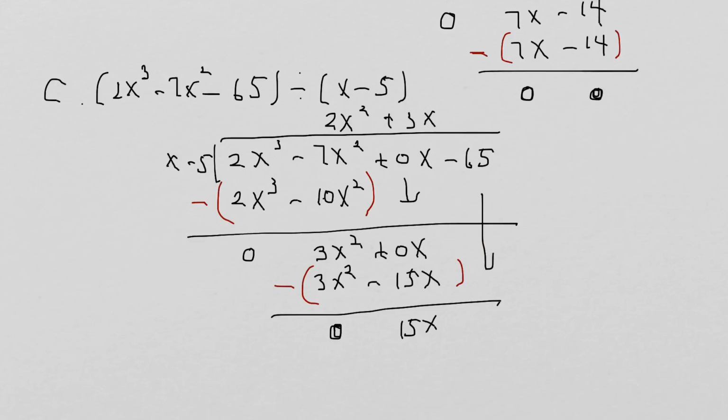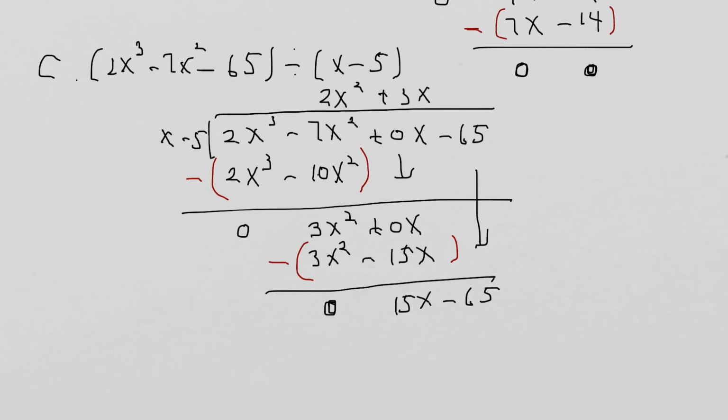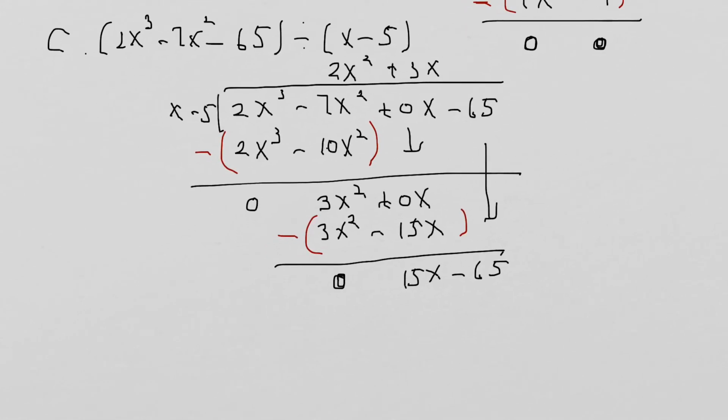Bring down the next digit, minus 65. And x to become 15x, you need to multiply by positive 15. So that gives you 15x and then minus 65.